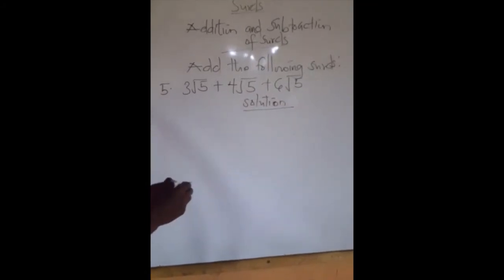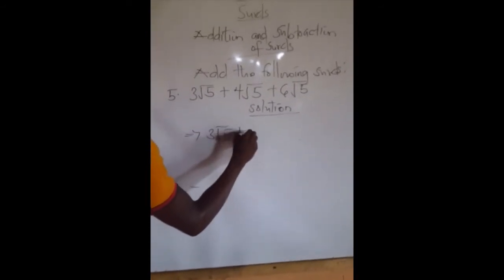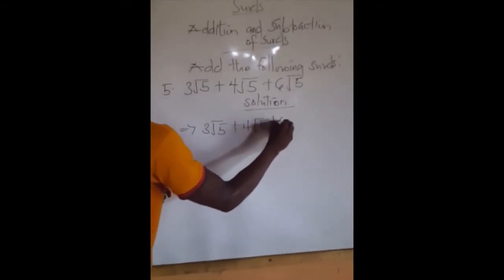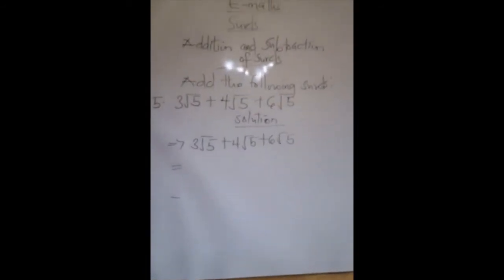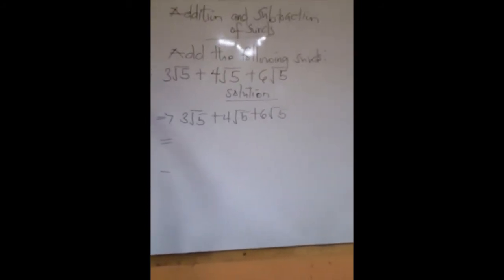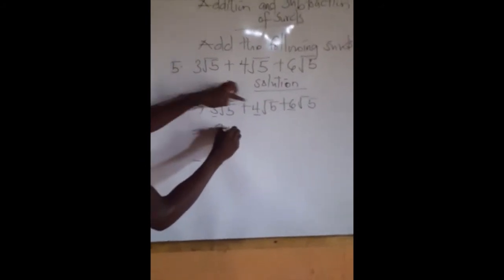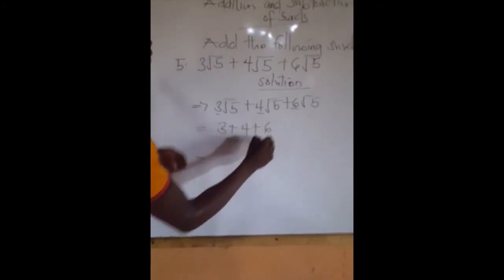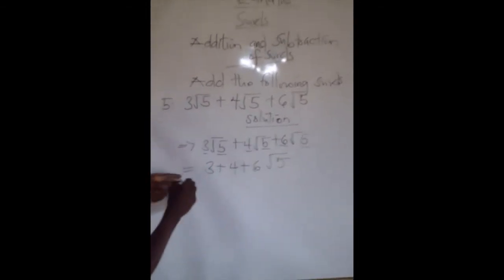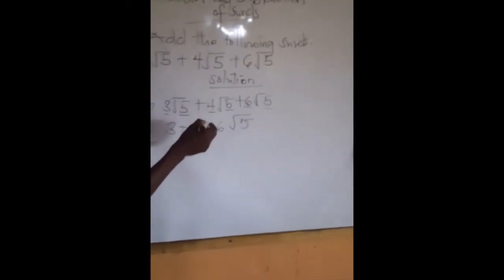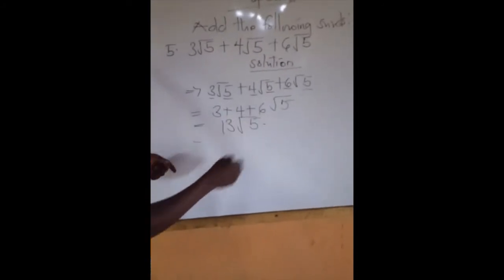So they are like sets. 3 root 5 plus 4 root 5 plus 6 root 5. Okay. So here, since they are like, it means we can add. So what do we do? We add the numbers outside the square root, which are 3 and 4 and 6. Then you pick one of the square roots, which is root 5. So here 3 plus 4 gives 7 plus 6, then you get 13 root 5. Okay.